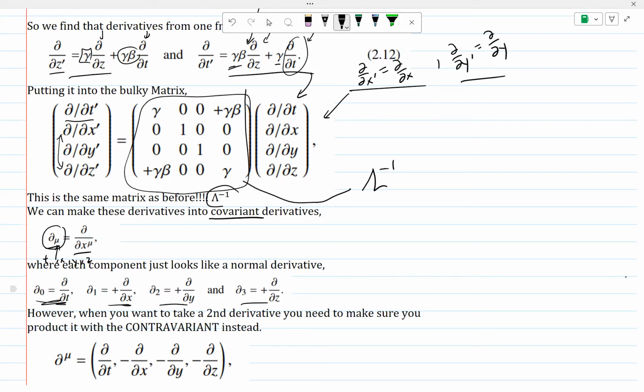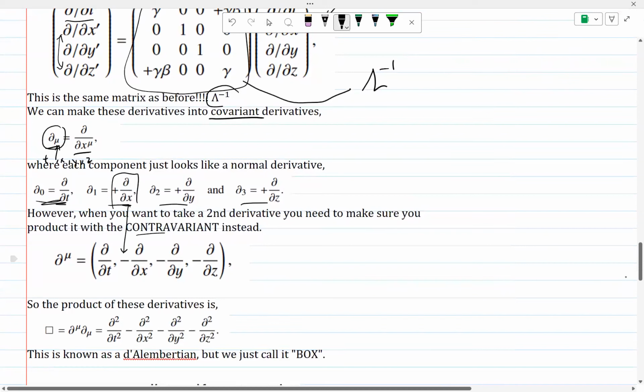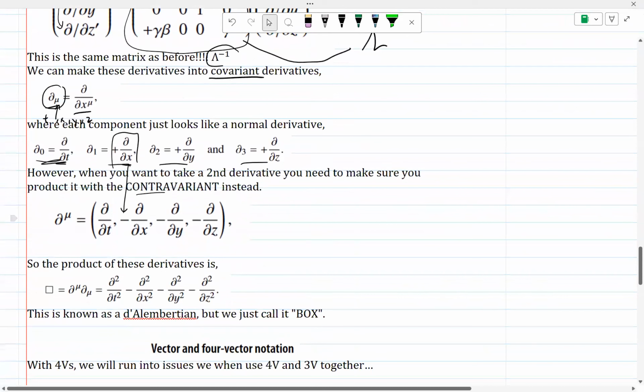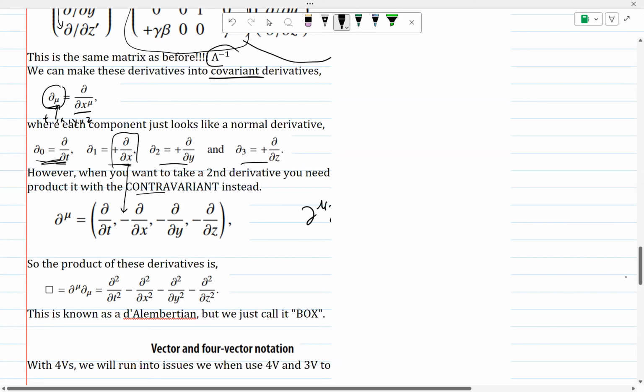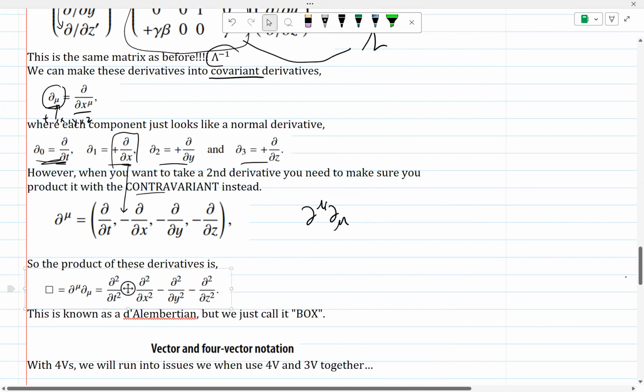If you're taking derivatives, the covariants are the ones without the negation, where the contravariant is the one where you negate the spatial part. But don't worry, most of the time, since we're dealing with Lorentz invariants anyway, you want to do partial mu, partial upstairs mu, all the time, because this is actually a Lorentz invariant derivative.